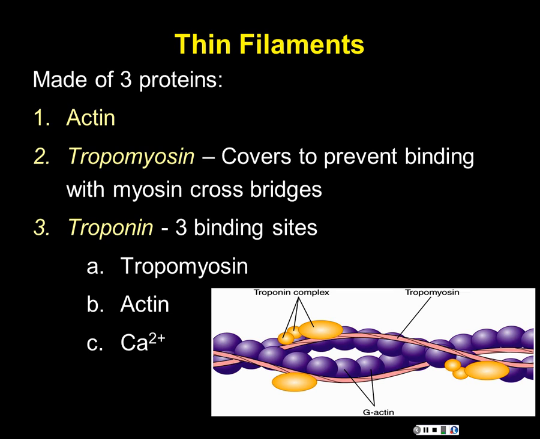We also just discussed in handout 5 that troponin is the 3rd protein of the thin filament, and it's going to be our regulatory protein for contraction. So what it does is it attaches to actin. It also attaches to tropomyosin, but it also binds to what? To calcium.